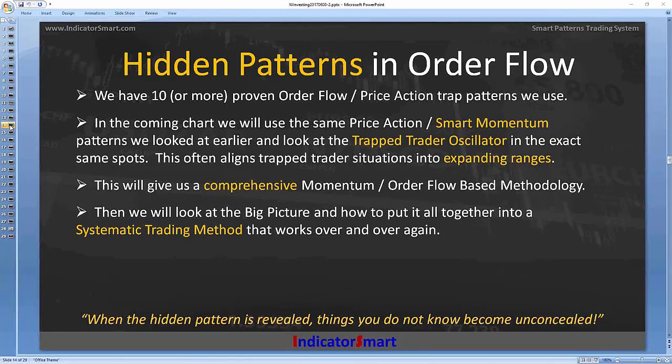So it's comprehensive because you're looking at what the price action is doing, and then you're aligning it also with the traders being on the wrong side and helping your trade in that direction as well. So it's covering what's happening in two different dimensions: in terms of the price action itself, and also in terms of what's happening with the orders themselves.